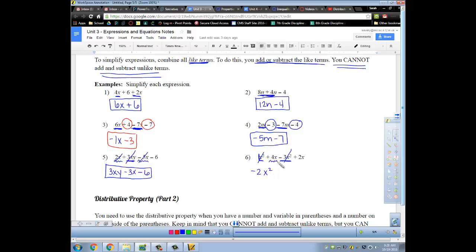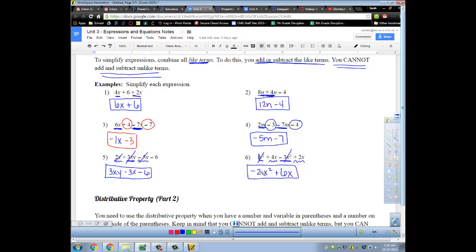Then I have positive 4x plus 2x. 4x plus 2x is 6x. Now, while they both have x's, this one has an x squared, which is different than just a normal x. So these two are not like terms. Since that one has an exponent, this one doesn't, they are going to be kept separate from each other. So this is your answer.